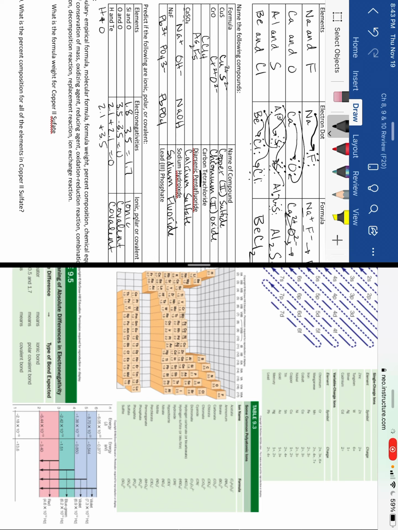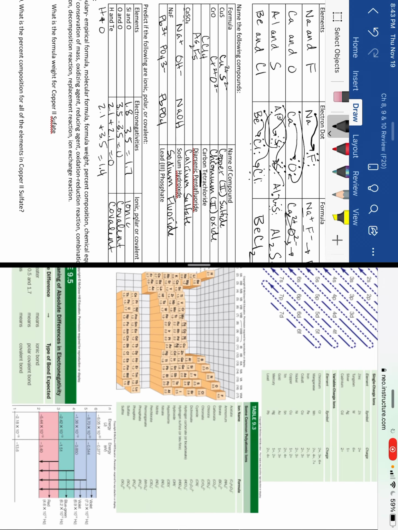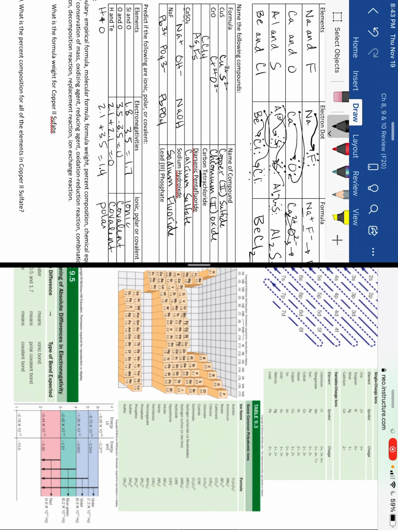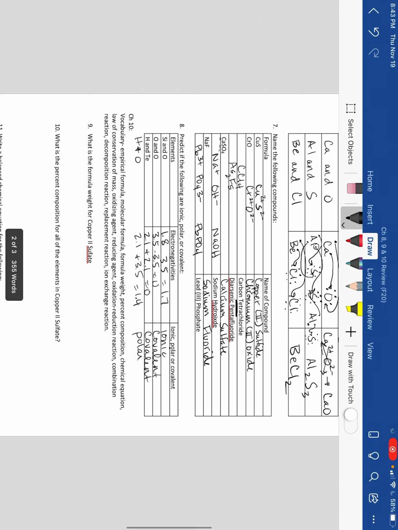So if you do 3.5 minus 2.1, then you get 1.4, which if you look at this table, between 0.5 and 1.7 is polar covalent. So there is a situation that would involve that.